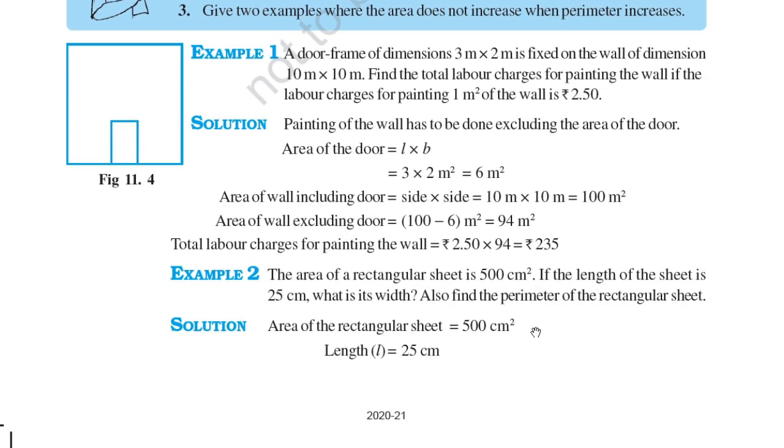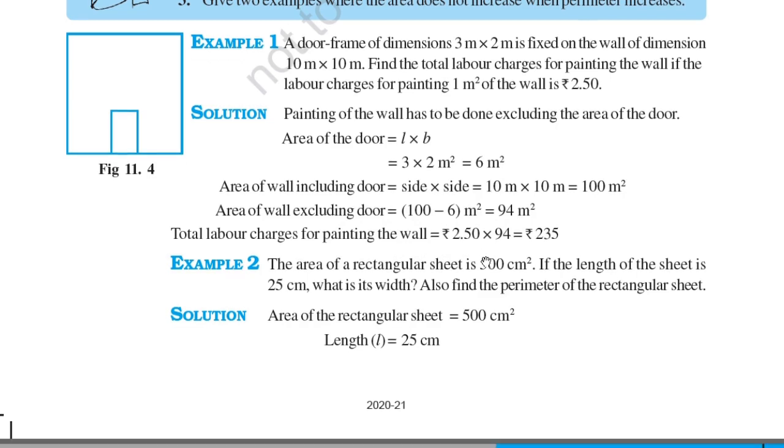We find the area of door, that is length into breadth, because it is a rectangular block. So 3 into 2 meter square is equal to 6 meter square. Area of wall including the door, side into side, is 10 meter into 10 meter, that is 100 meter square. Now area of wall excluding door, we subtract area of door, so that is 94 meter square. Total labor charge for painting the wall is 2.50 into 94, which is equal to 235 rupees.